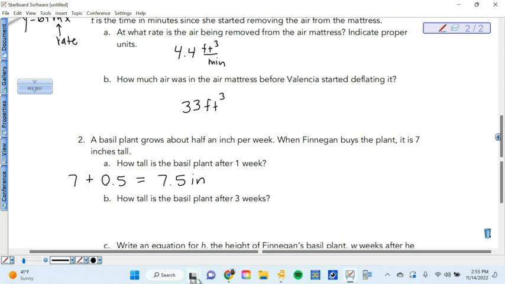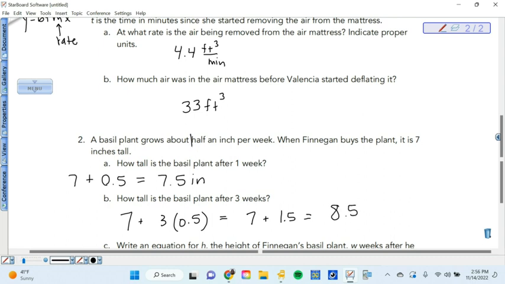So how tall is it after 3 weeks? How'd you get to 8.5? Because 3 weeks, that's an inch and a half. 3 times 0.5 is 1.5, so this becomes 7 plus 1.5, which is 8.5.